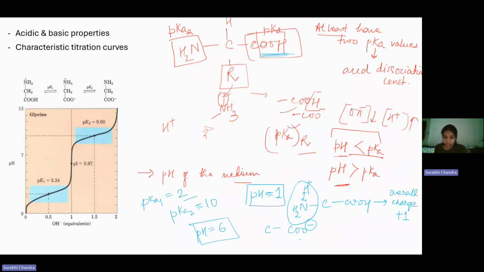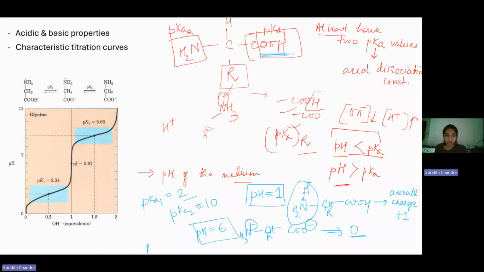So this will exist as COO minus, but this 6 is still less than 10 here, so it will remain as NH3+. When we look at the net charge on this particular amino acid, where this is R, it has an overall charge of 0. Okay, net charge of 0.